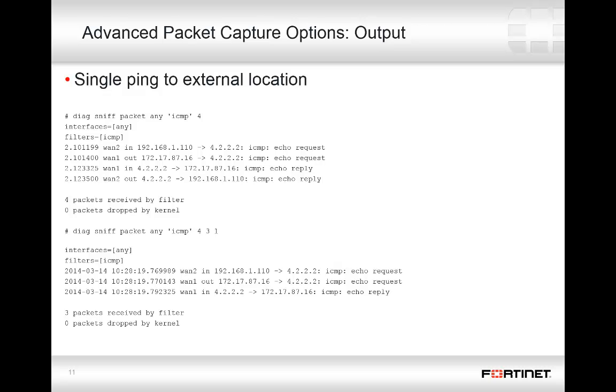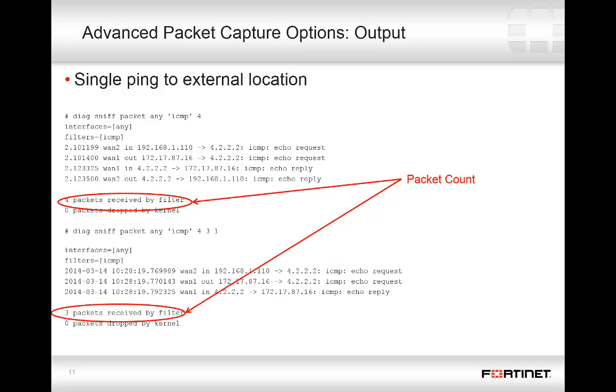Here's a look at those options in action on a packet sniff. The first sniff shows a regular sniff. The second one is using these new options explicitly. In both cases, we're looking at a single ping being made to a remote destination. The first sniff command didn't specify a packet count, so it will sit here forever until you manually interrupt it or disconnect your management session.